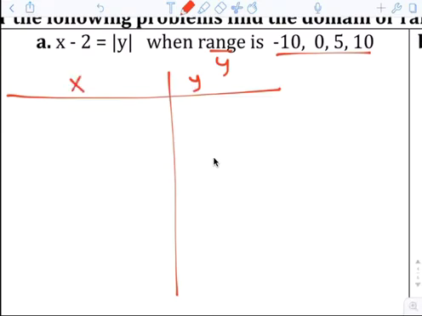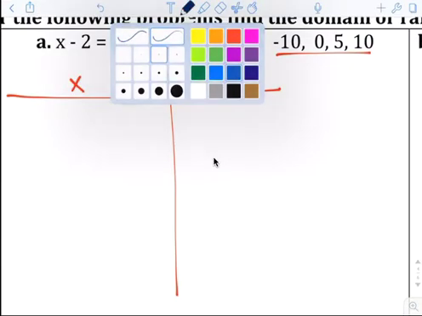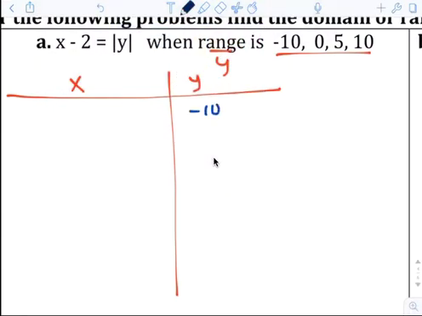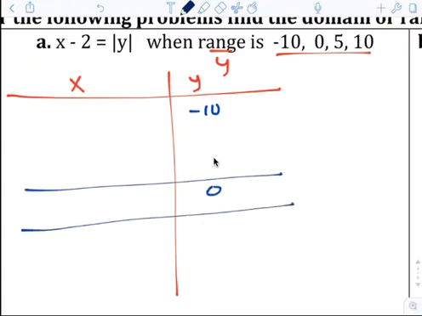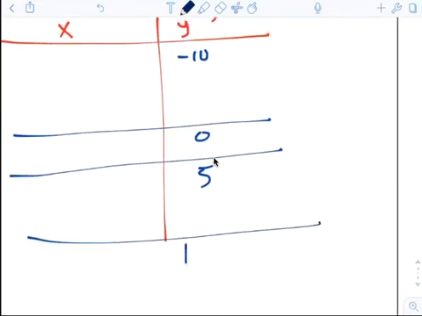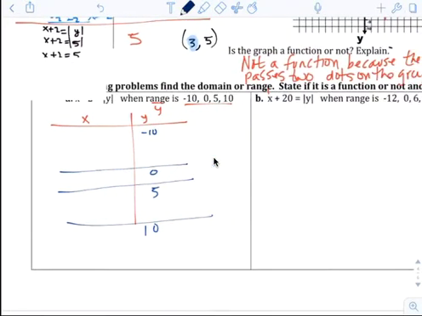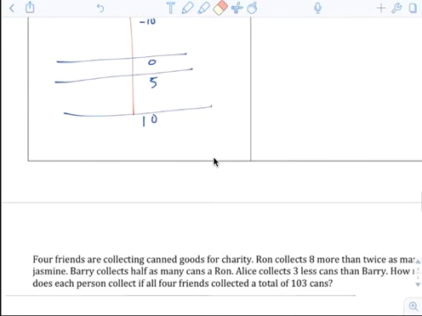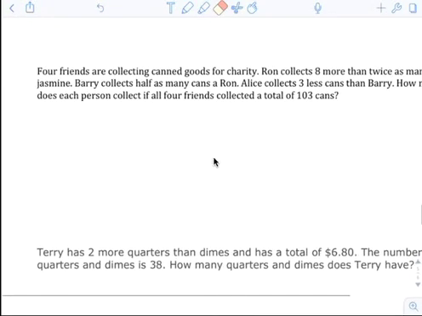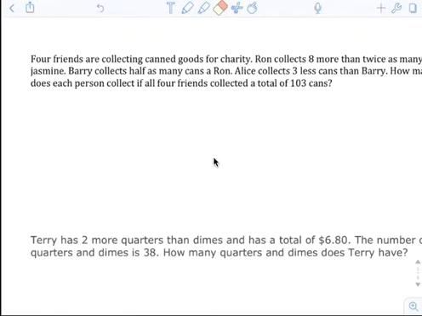So the range is negative 10, leave some room, 0, 5, and then 10. You do it the same way as the other one. B is the same thing. Make sure you do this. Oh, this one's a good test question.